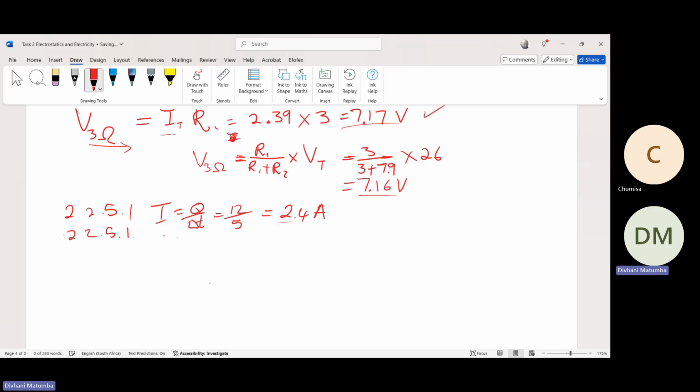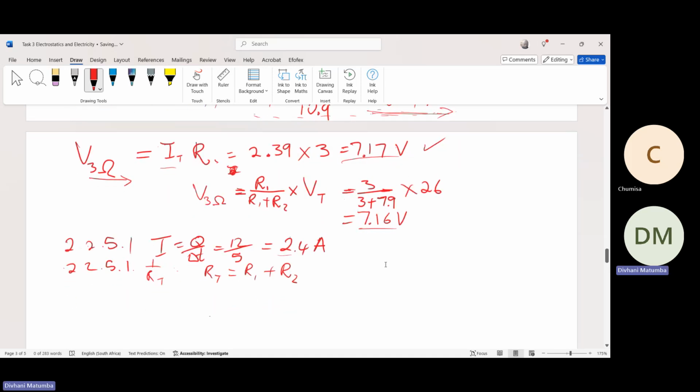To solve, you said RT equals R1 plus R2. Then what are we trying to solve? The total resistance.